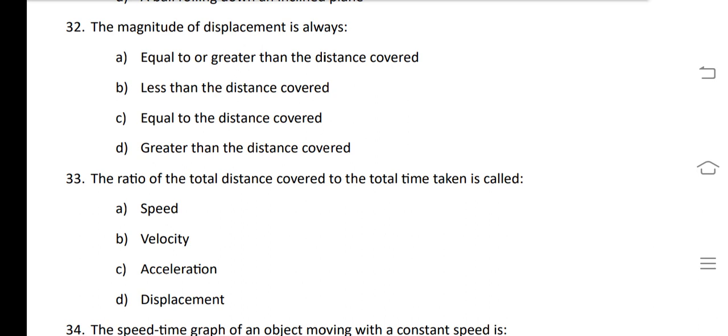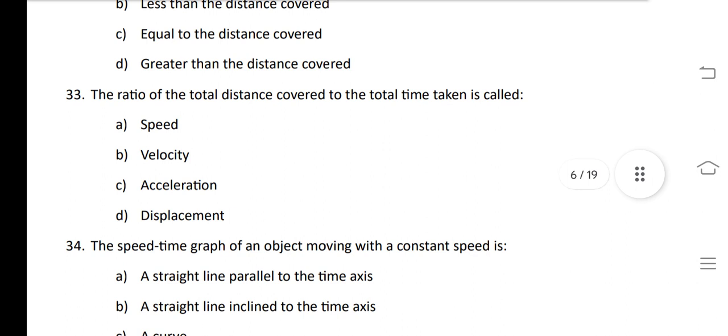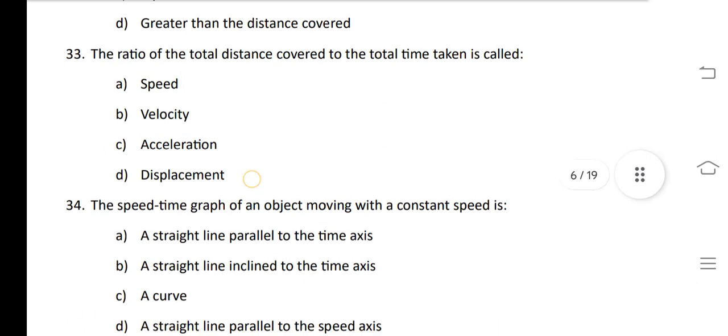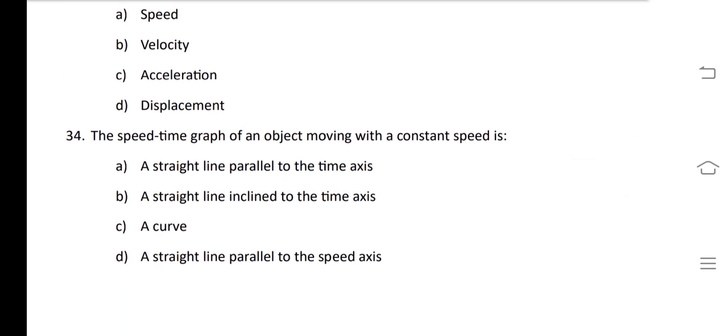We will go with the option number B. The ratio of total distance covered to the total time taken is called speed. In the next question, speed time graph of an object moving with constant speed is a straight line parallel to time axis.